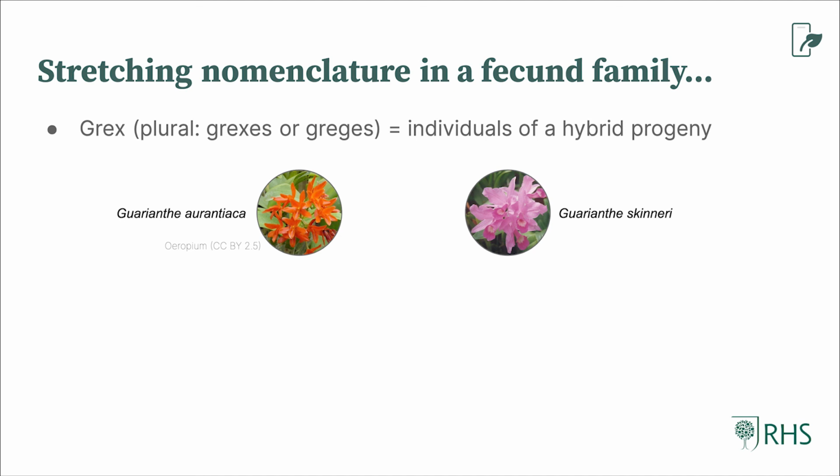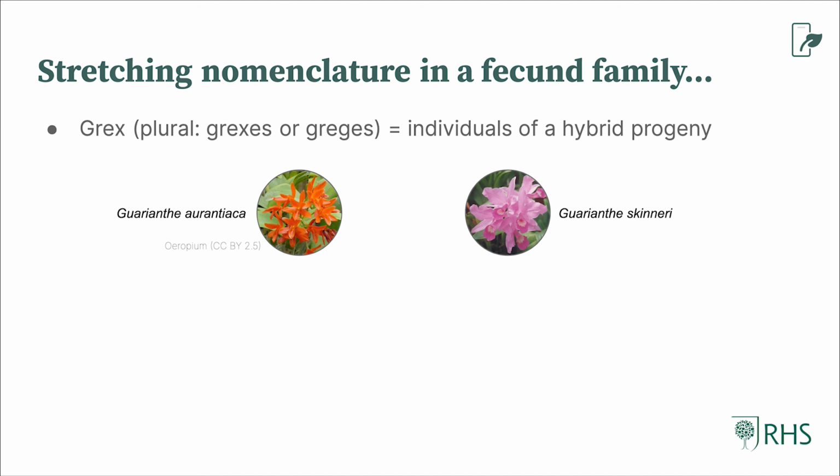And these hybrids, in the case of orchids, are known as grexes, or sometimes greges, which is a plural for grex. And here's an example of how this works. So here are two parents, two different species. So Guarianthe aurantiaca and Guarianthe skinneri.